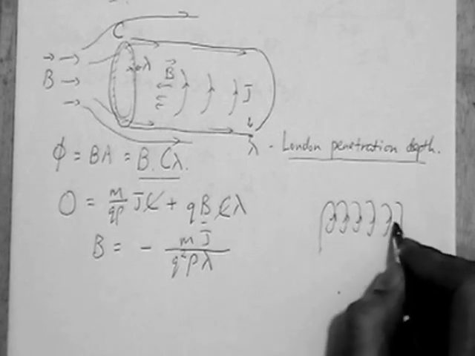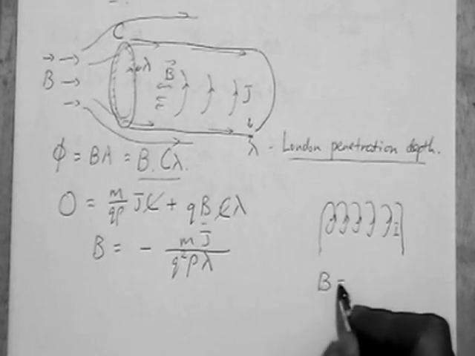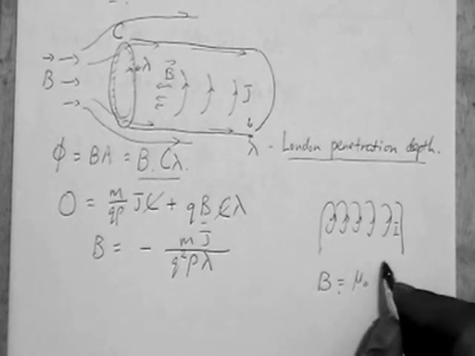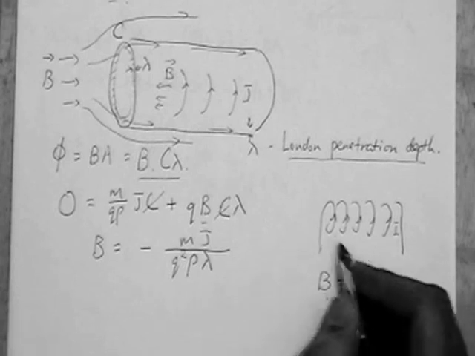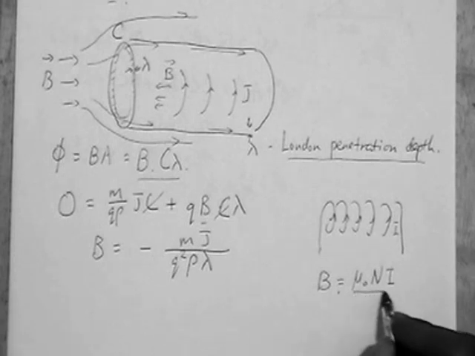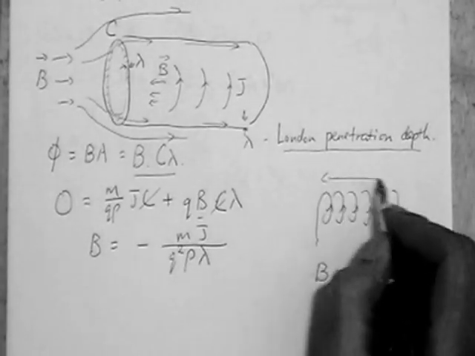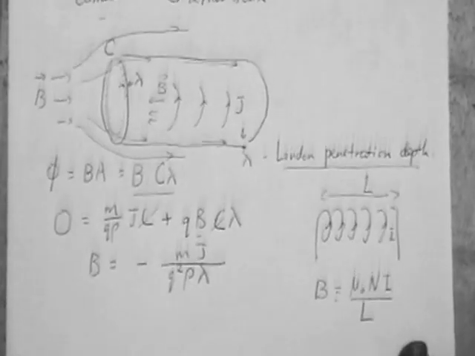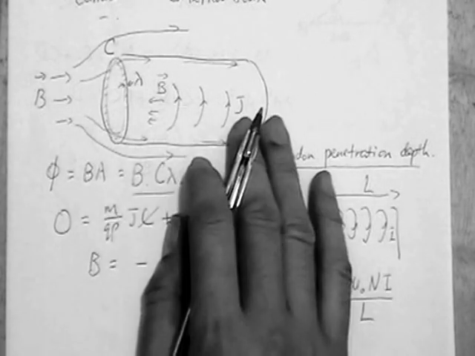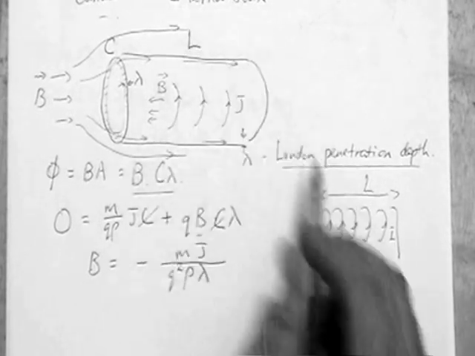And if I have a solenoid with a current I going around it, the formula for the magnetic field in the solenoid is mu naught times the number of turns in a coil times the current divided by the length of the solenoid. Now we're going to try and make use of this formula to calculate the field produced by the current density J. So let this length be L, like the solenoid.